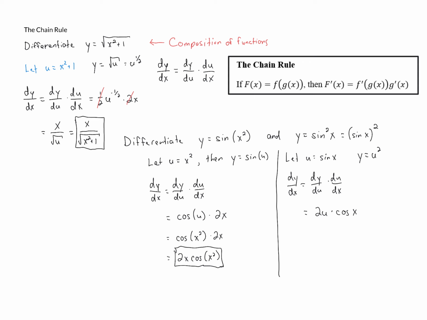U was sine of x. So here we have 2 times sine of x times cosine of x. And if you remember your trigonometric identities, we can also write this as sine of 2x.